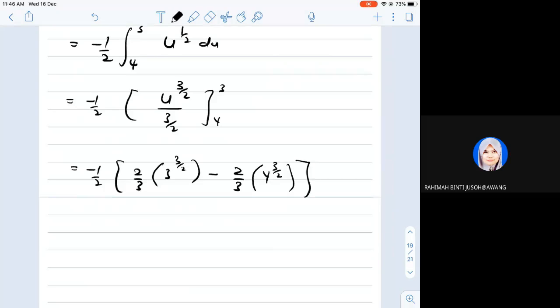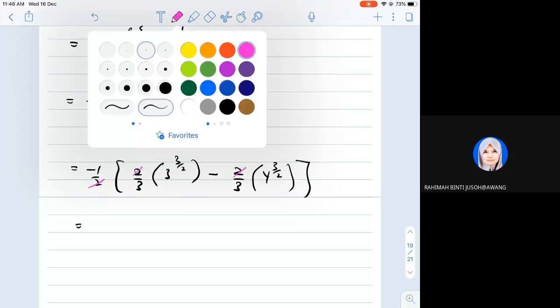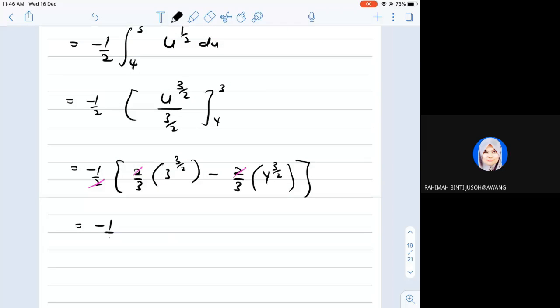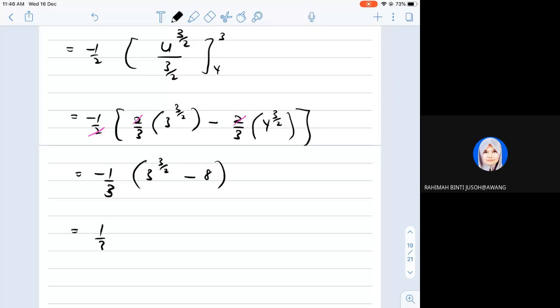So these two can be cancelled, so it becomes negative 1 over 3 times 3 to the power of 3 over 2 minus 8. So it becomes 1 over 3, 8 minus 3 to the power of 3 over 2. So that's it, that's the answer.